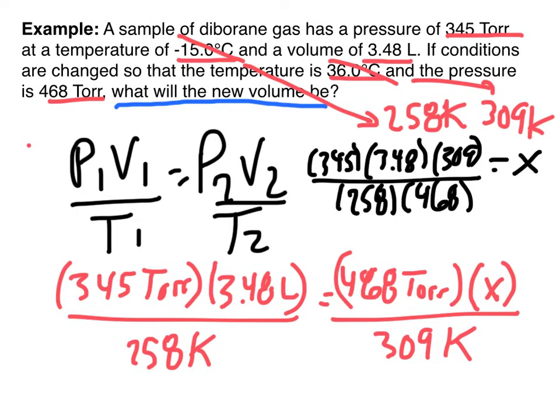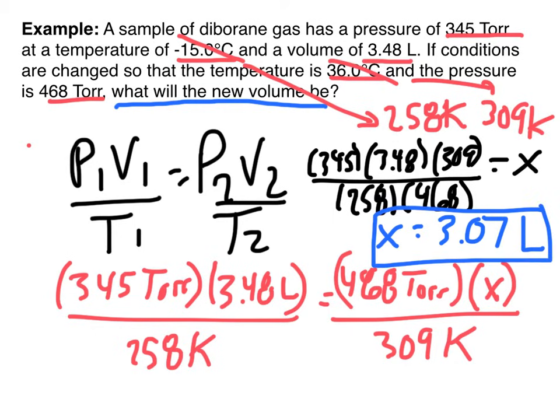Plug that into your calculator and see what you get. When you plug that in, you get about X equals 3.07. And if I'm following my units, that should be liters. And that is the answer to this question.